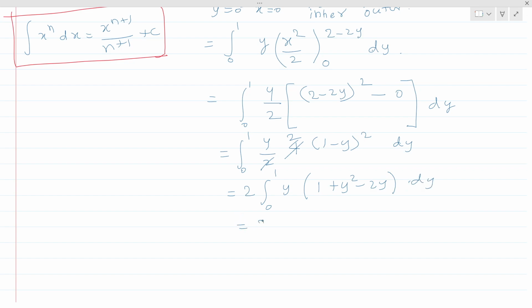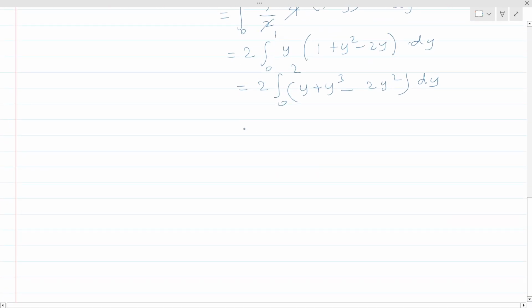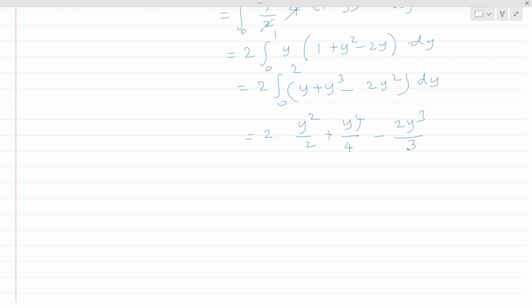Multiplying the y inside, we get y plus y cube minus 2y square, dy. If you solve this, you will get 2 times the integral from 0 to 1. That means now we are integrating with respect to y. So y square by 2 plus y power 4 by 4 minus 2y cube by 3.